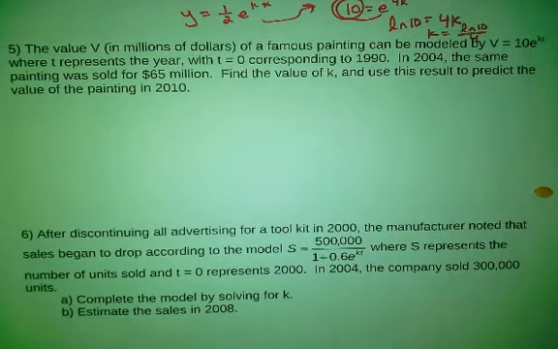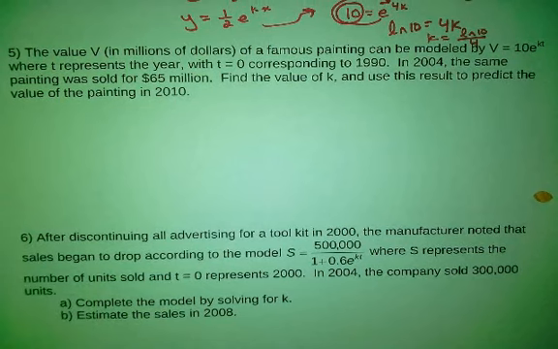The value in millions of dollars of a famous painting can be modeled by V equals 10 e to the kt, where t represents the year with t equals 0, corresponding to 1990. In 2004, the same painting was sold for $65,000. Find the value of k. Use this result to predict the painting value in 2010. Okay.